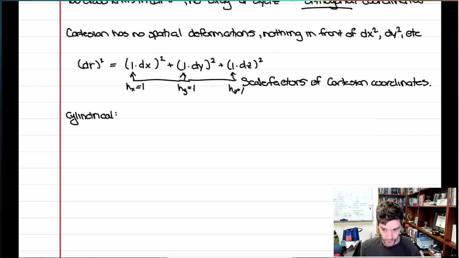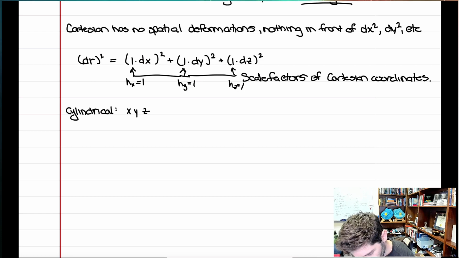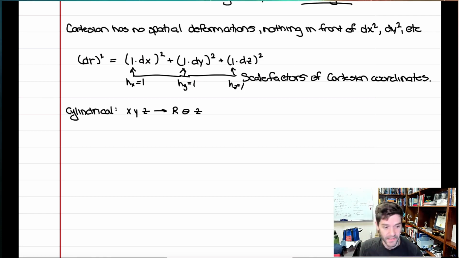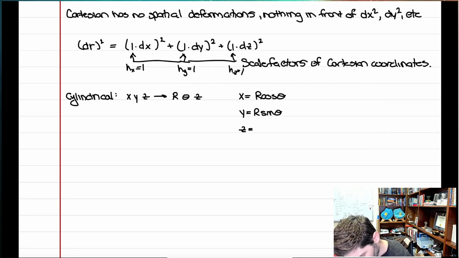So let's take cylindrical coordinates. That's easy enough to do the math to see how this works. In that case, you're going from x, y, z to the new variables r, theta, and z, if we're sticking with 3D. And all you need to write down is the transformation. So x is r cosine theta, y is r sine theta, and z is just z in cylindrical coordinates.